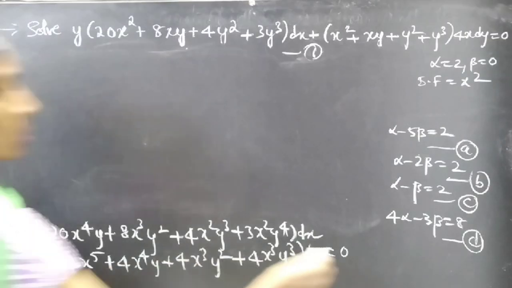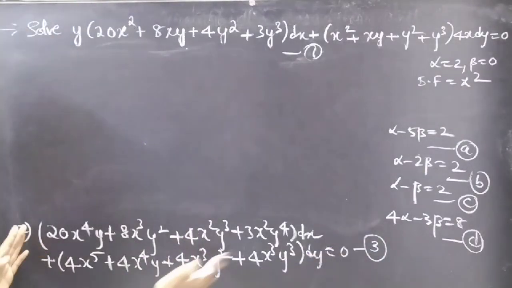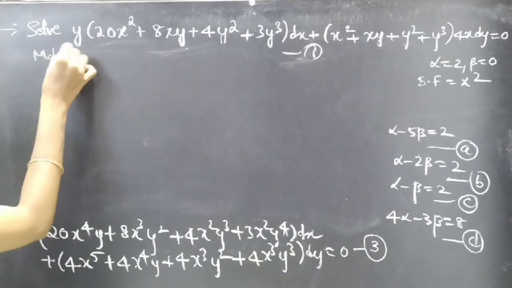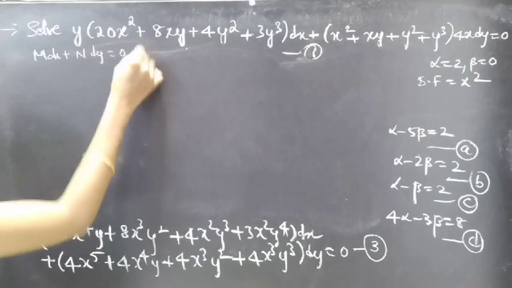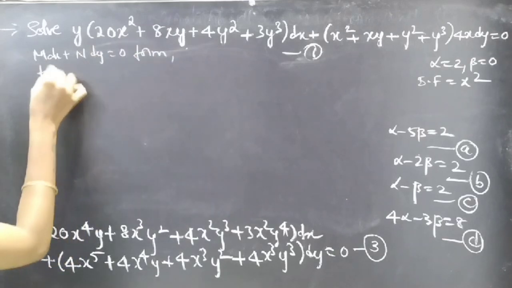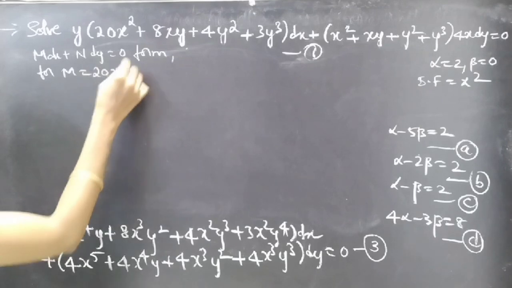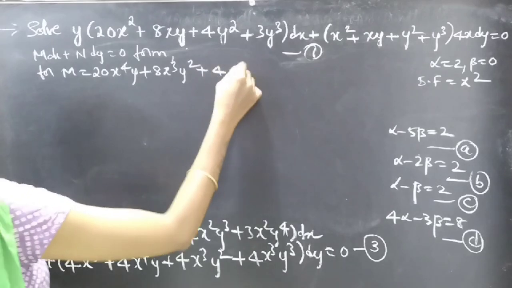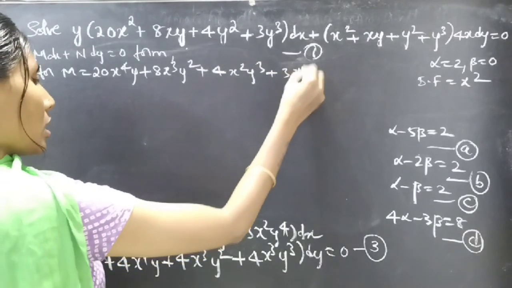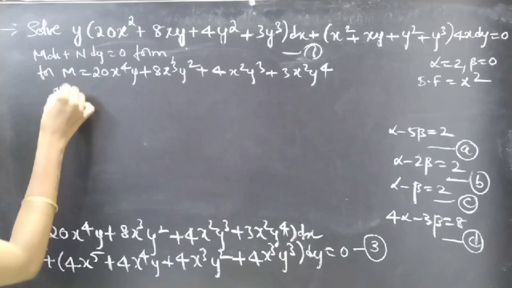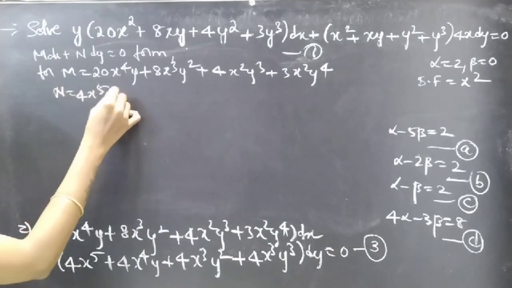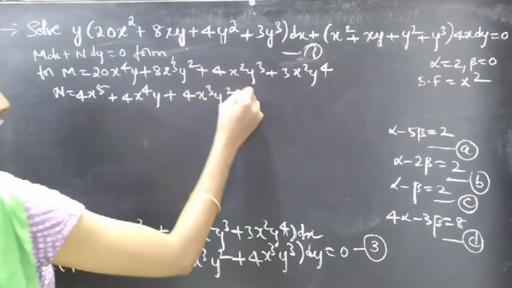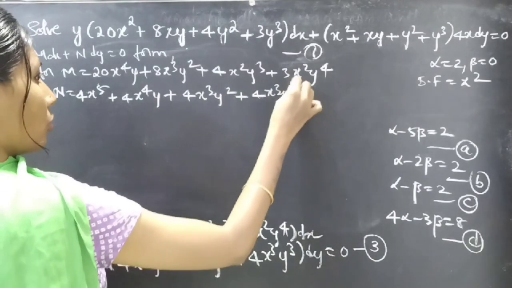Now consider this equation as equation number 3, which is of the form Mdx plus Ndy equal to 0, for M equal to 20x power 4 y plus 8x cube y square plus 4x square y cube plus 3x square y power 4, and for N equal to 4x power 5 plus 4x power 4 y plus 4x cube y square plus 4x cube y cube.